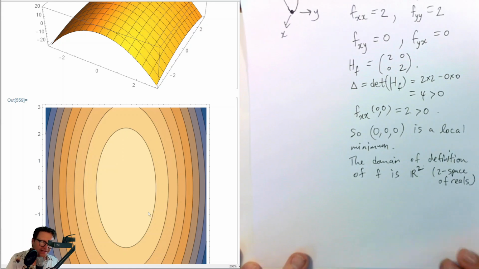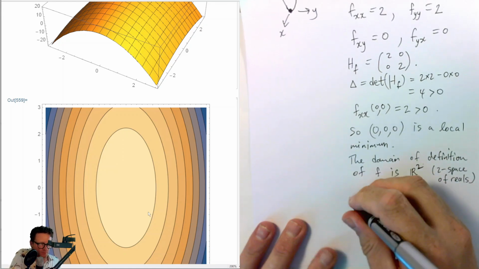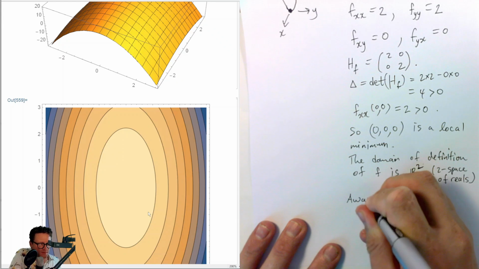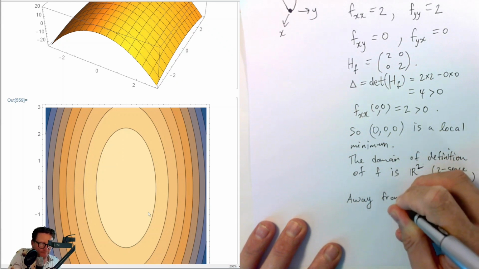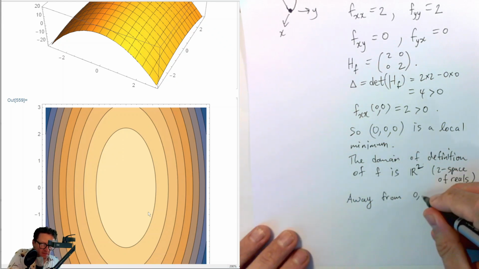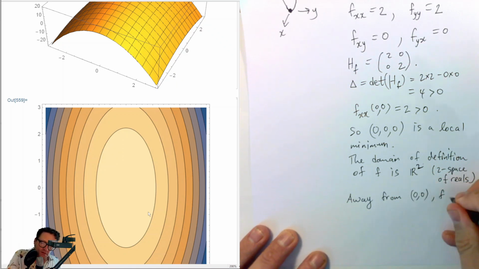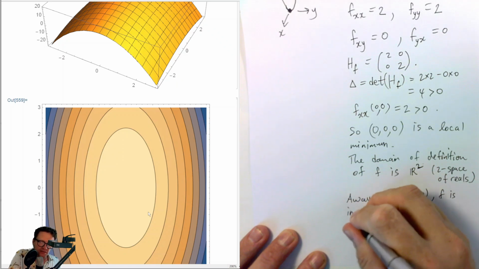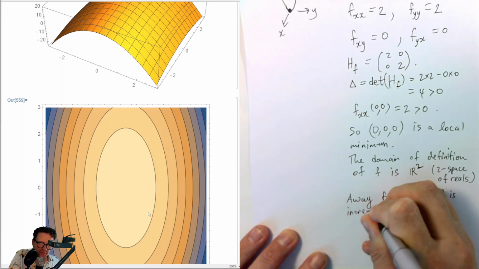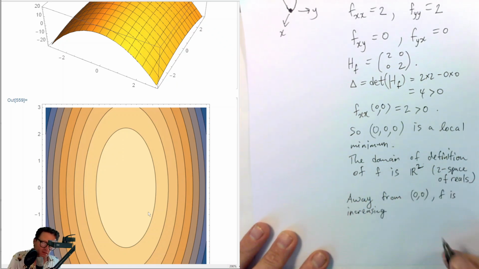Okay, and so we can see that away from (0, 0), along any given path, f is increasing. And that is mathematically provable, right? But we're just speaking loosely at this point.